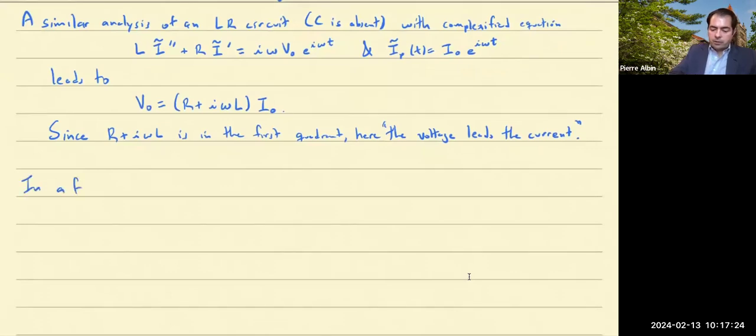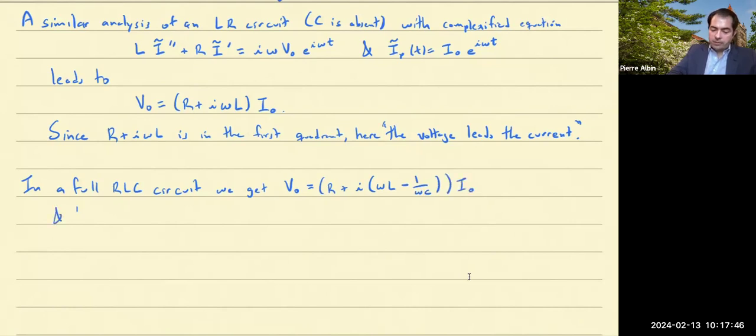In a full RLC circuit, we get V naught is equal to R plus I times omega L minus 1 over omega C, times I naught.